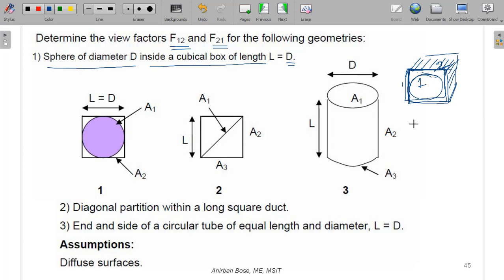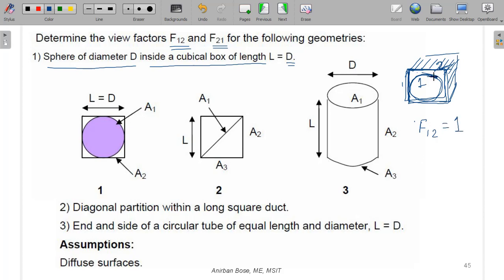Now you tell me what is F11. Whatever is radiating out of 1 will definitely strike 2, because it is a convex surface and it is completely enclosed by surface 2. So F12 is equal to 1. There is no doubt.